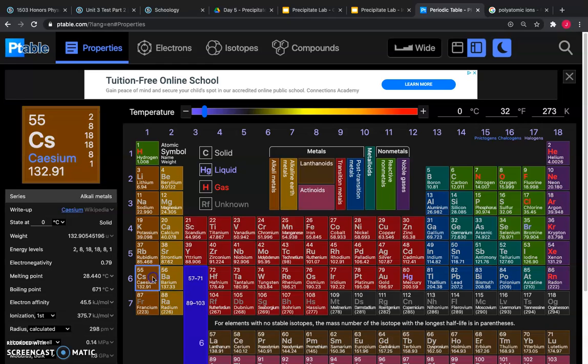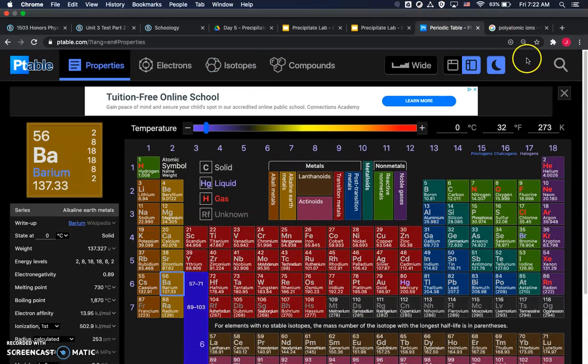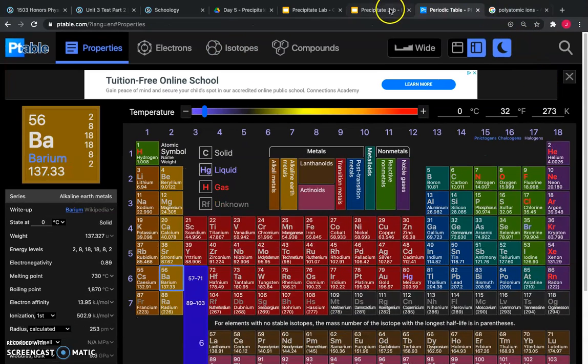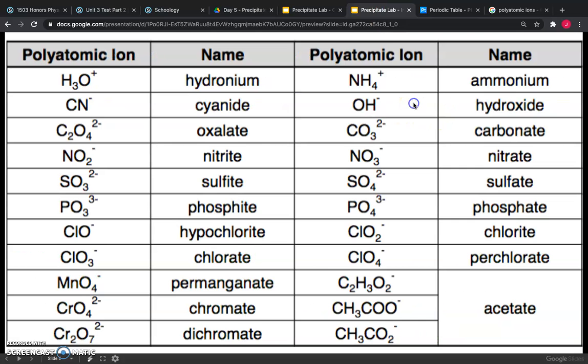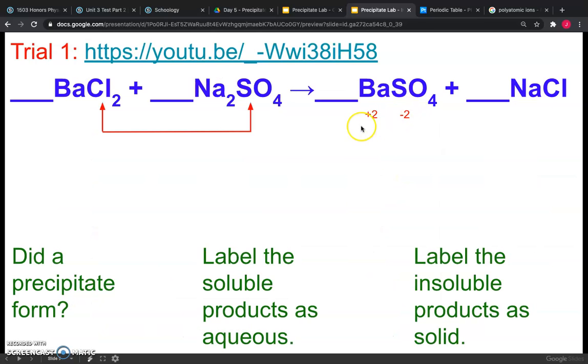It wants to lose those 2 valence electrons so that it has an empty valence orbital. And then sulfate is a polyatomic ion, and sulfate has a charge of -2. For all the polyatomics, you're just going to look on the chart. Sulfate's -2.